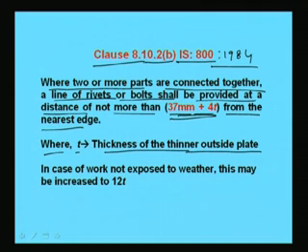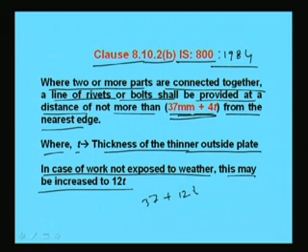In case of work not exposed to weather, this may be increased to 12T. So in this case it is 37 mm plus 12T, where T is in millimeters, the thickness of the thinner plate. In this way we can find out. This is given in clause 8.10.2 b of IS 800/1984.